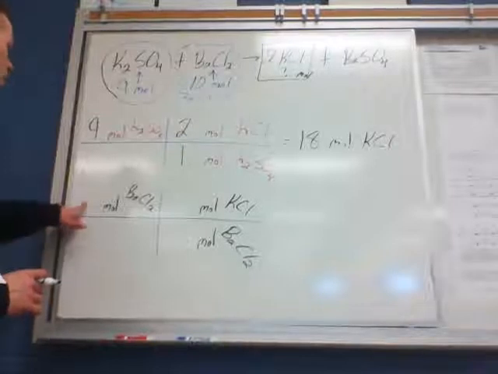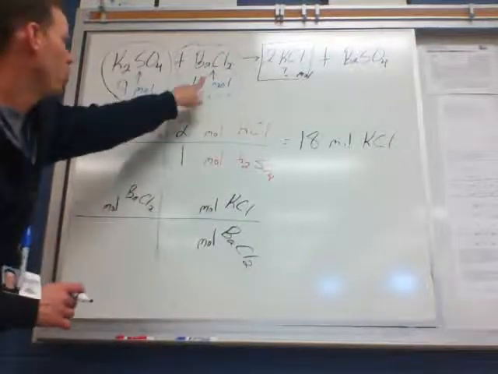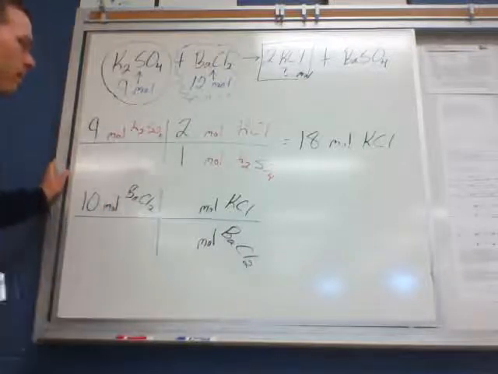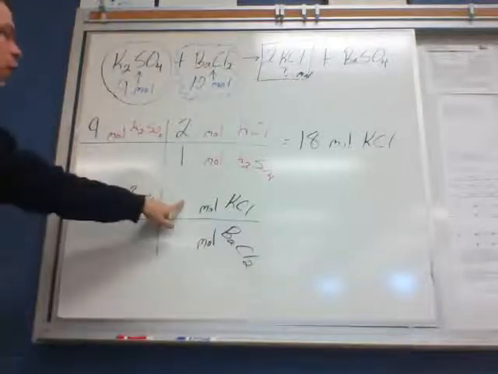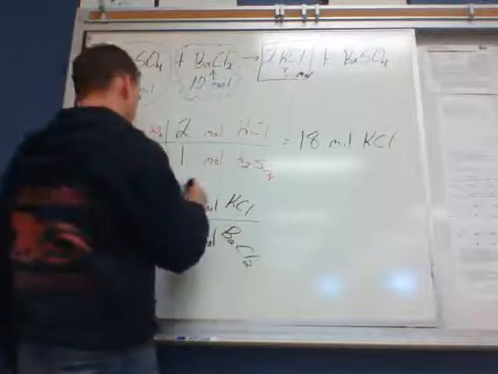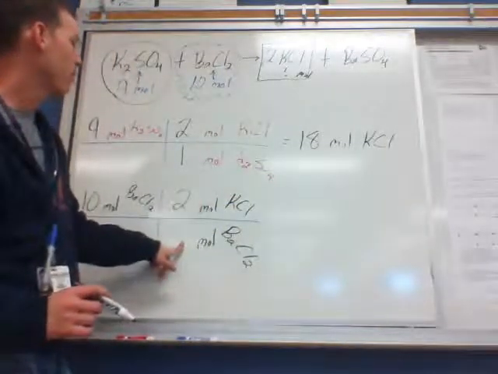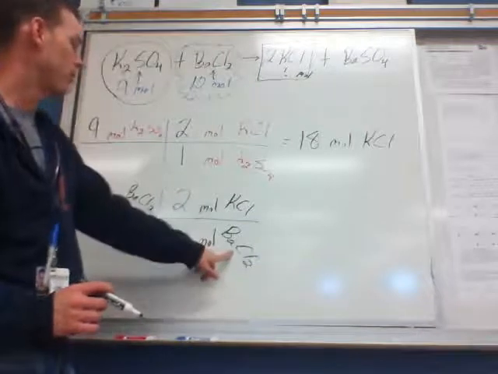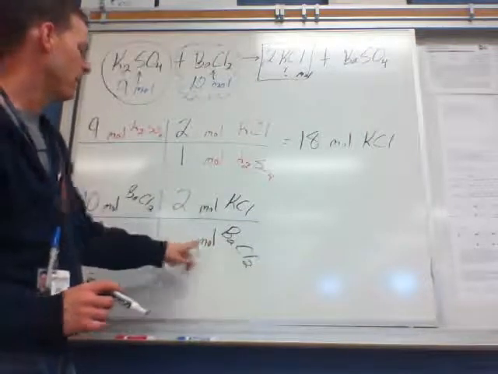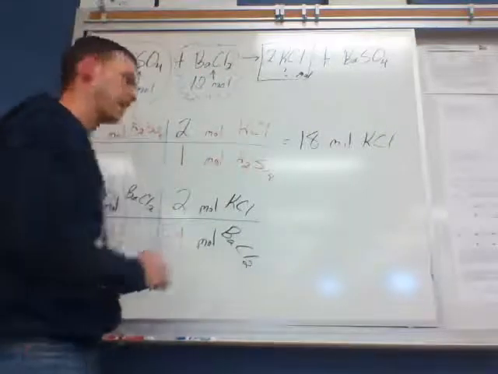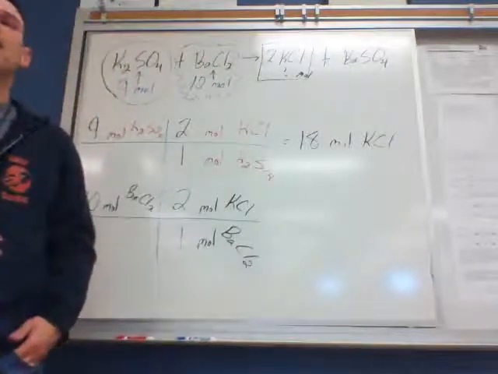Enter numbers. The given number for BaCl2 was 10. The coefficient for KCl hasn't changed. It's still 2. You can re-verify that. And on the bottom, here's where something could be different. The coefficient of BaCl2, well, it turns out that it is the same in this case.